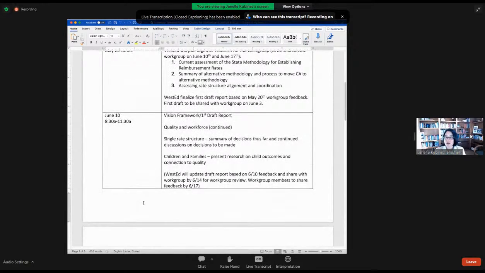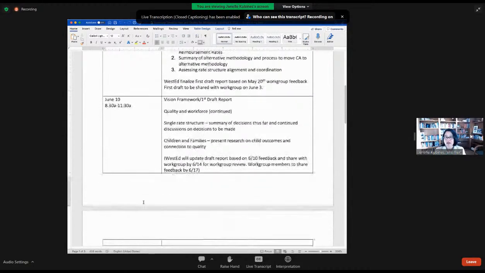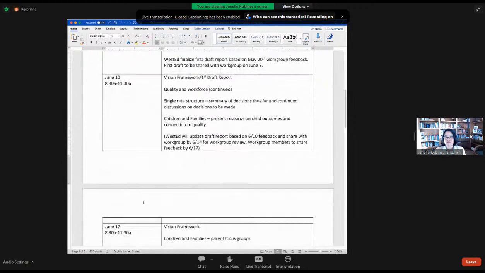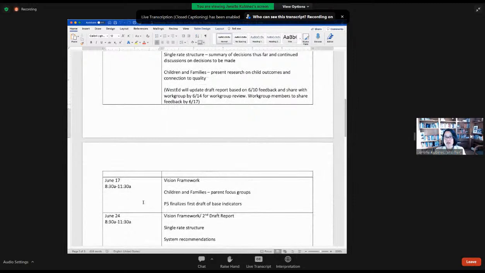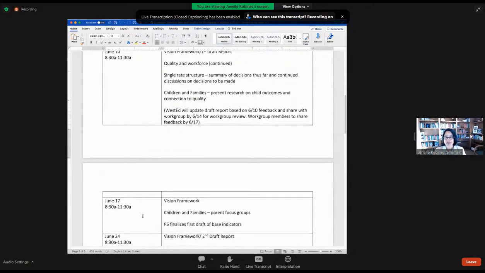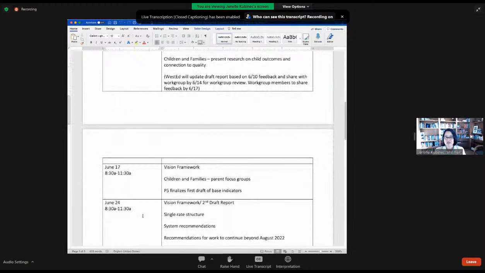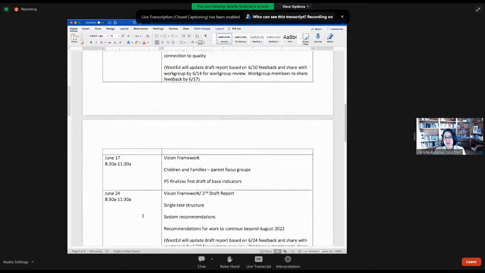You can see we have a number of topics slated for that meeting that really will contribute to the substance of the report, followed by a June 17th meeting. This is one that we are proposing to add in, and the June 10th we're proposing to add in, and then also adding in a June 24th meeting.